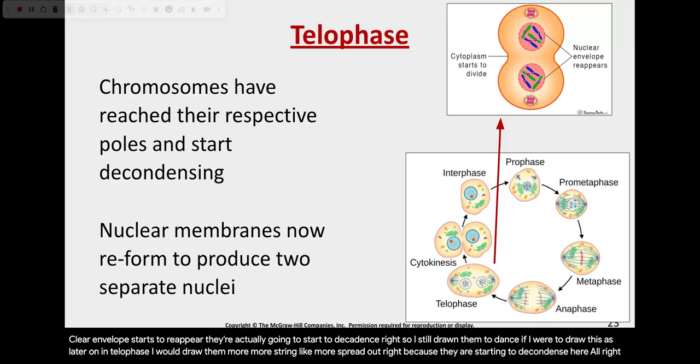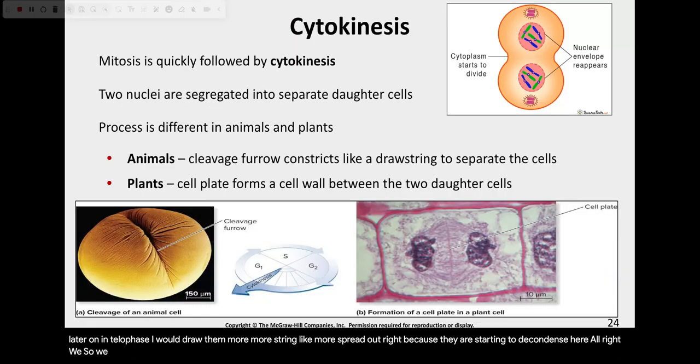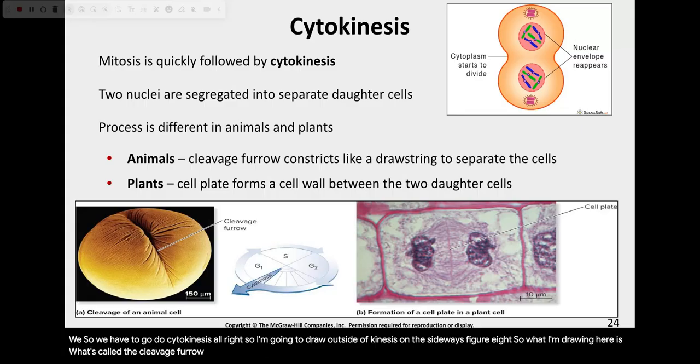Because we don't want one cell with 2 nuclei. We want 2 cells, each with their own nuclei. So we have to go through cytokinesis. All right, so I'm going to draw cytokinesis on this sideways figure 8. So what I'm drawing here is what's called the cleavage furrow. It's starting to furrow.